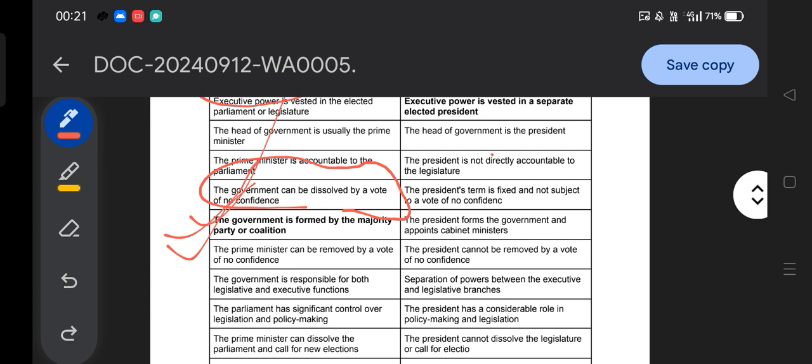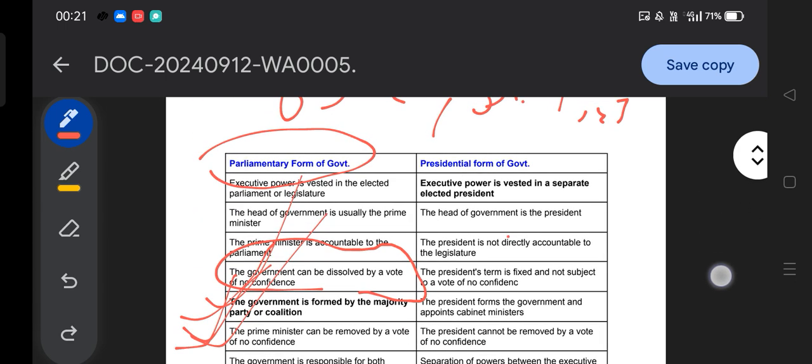So for these executive and legislative actions, the government is accountable in the parliamentary form of government.